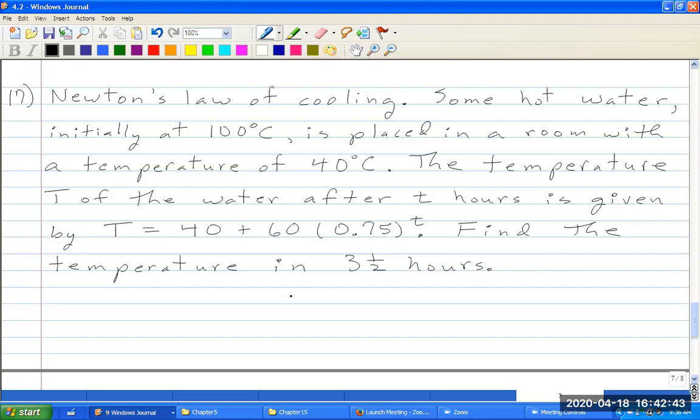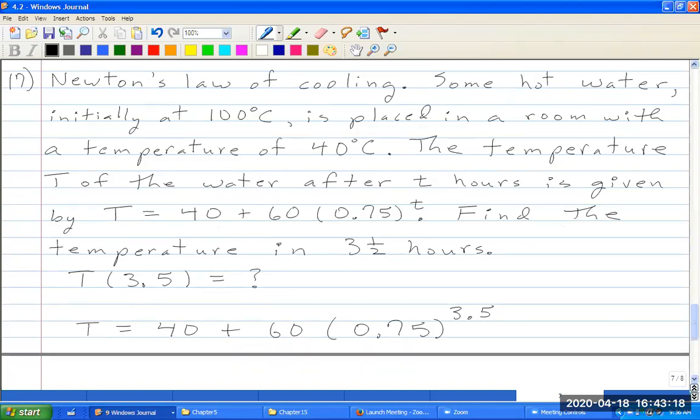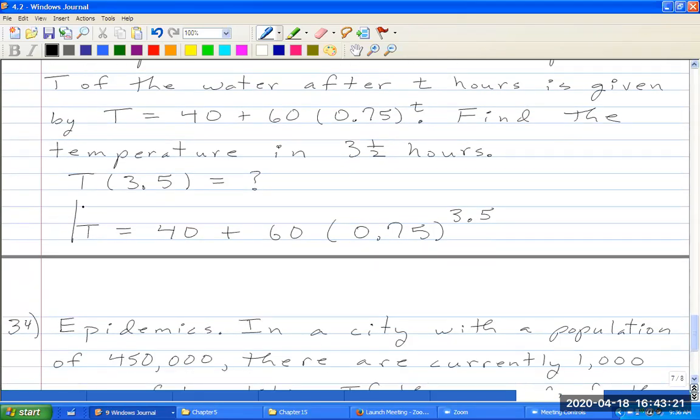Find the temperature in 3.5 hours. And so I want to figure out the temperature in 3.5 hours. I'm given that T = 40 + 60e^(-0.75t). So let's plug in 3.5 for t. And, well, actually, that'll be your answer, but let's plug it in.